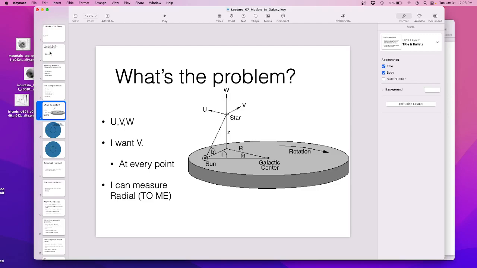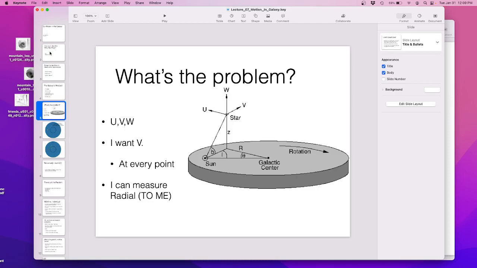We have these three velocities, u, v, and w. w is up and down. No, u is in and out, and v is round the disk. So v is the thing that I want to measure. V and r are related. Omega is v over r.